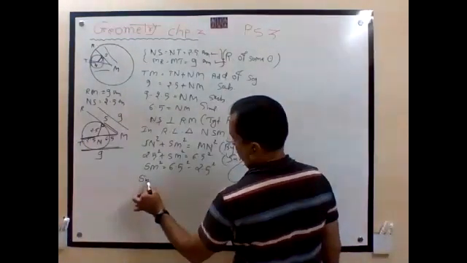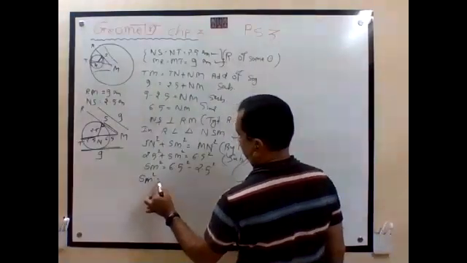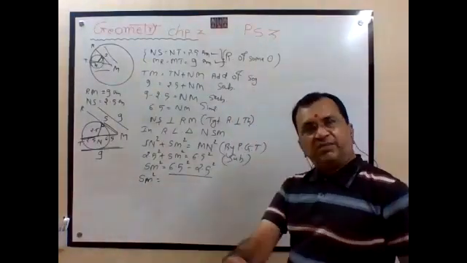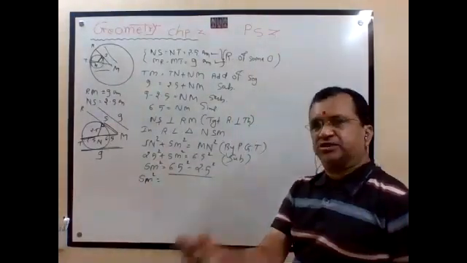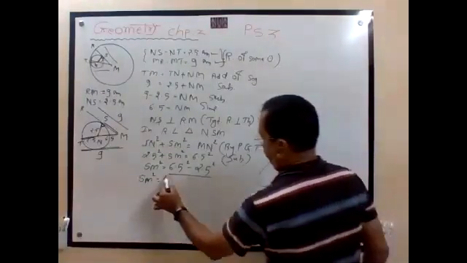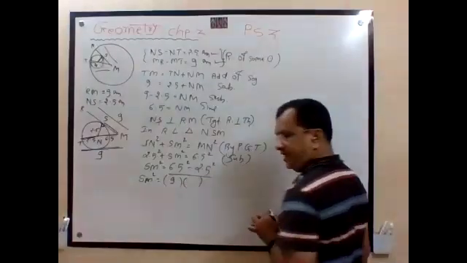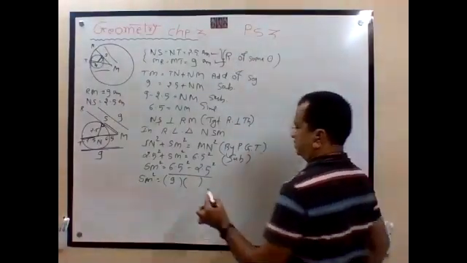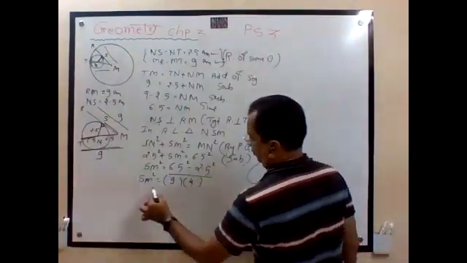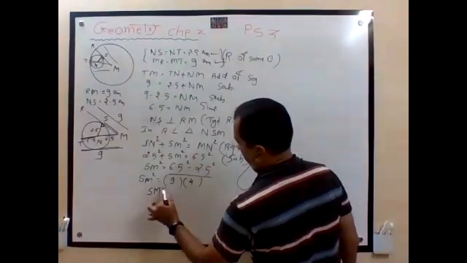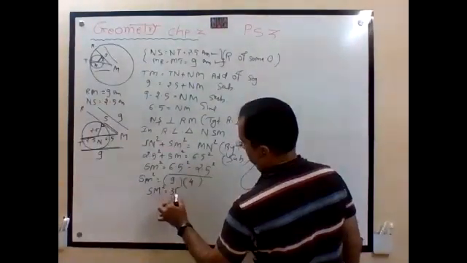Correct? So SN square, a square minus b square means one time plus, one time minus. So the total is 9. Difference is 4. So SN square is 36.